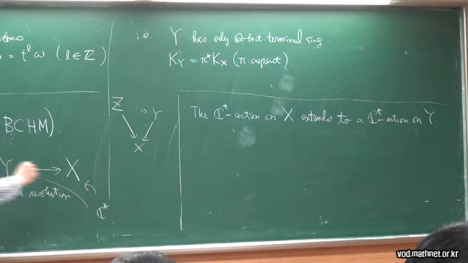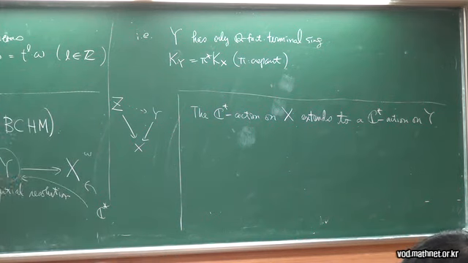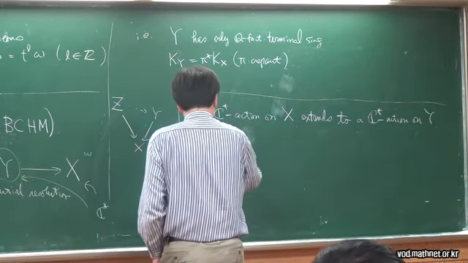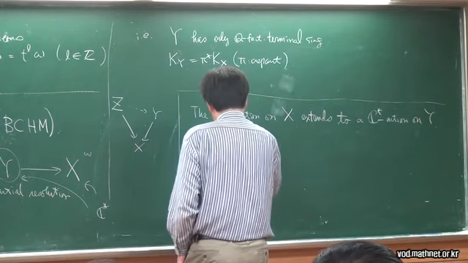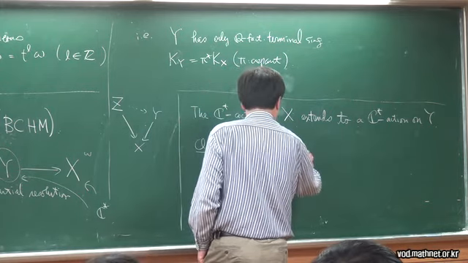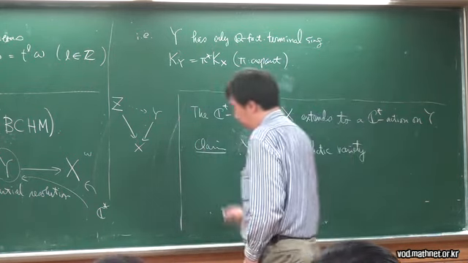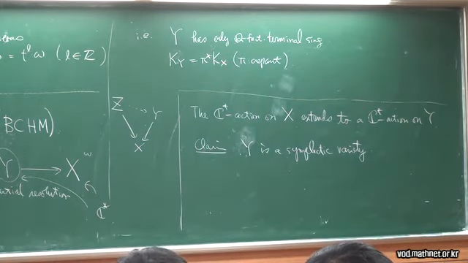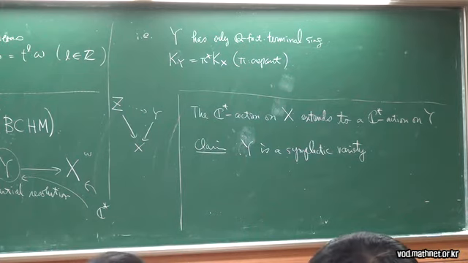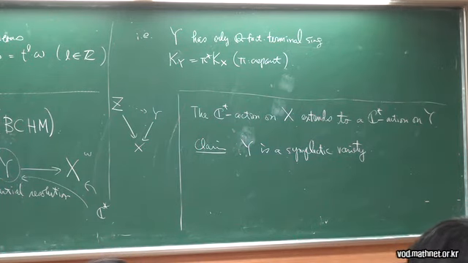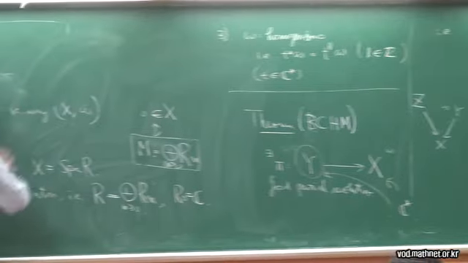So X is symplectic. But how about Y? The next claim is that Y is also a symplectic variety in a sense. Now X is a conical symplectic variety, so a symplectic variety always has rational singularities. Why is Y a symplectic variety? How to prove this?